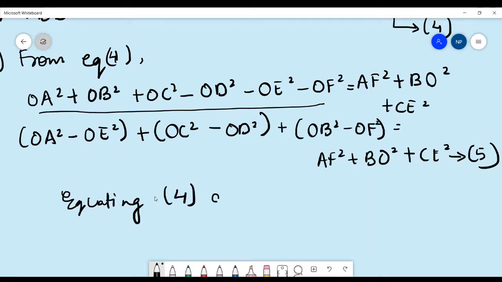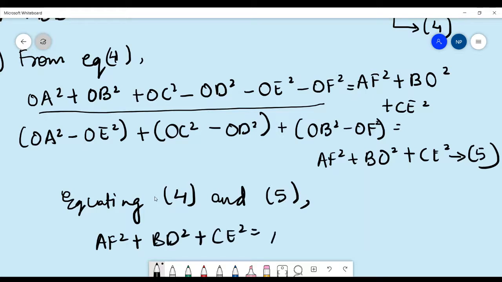So write down over here equating 4 and 5, what do we get over here? On cancellation, you will see, children, when you equate both the equations, you will see OA square and OE square getting cancelled, OC square and OD square. So on equating, we get AF square plus BD square plus CE square is equals to AE square plus CD square plus BF square.